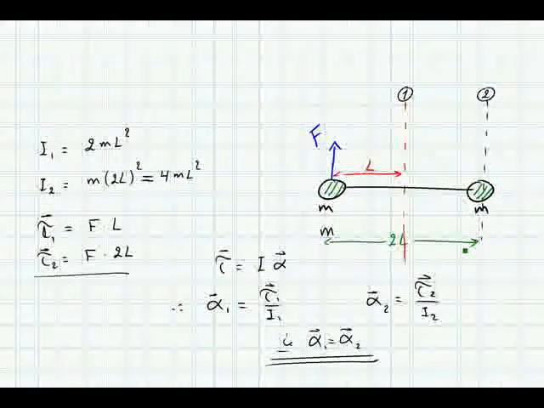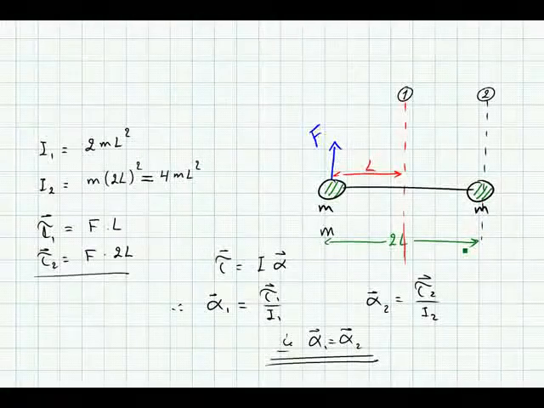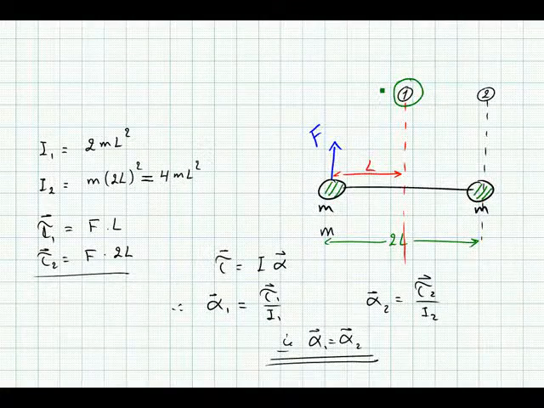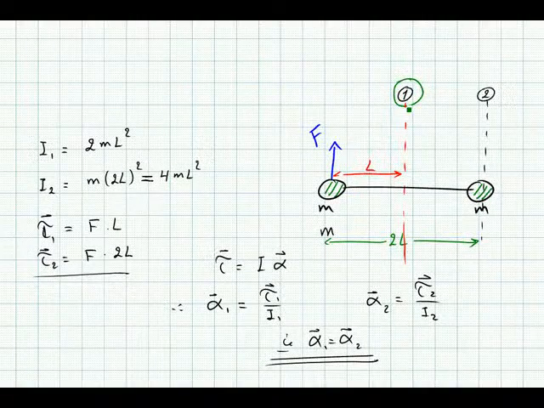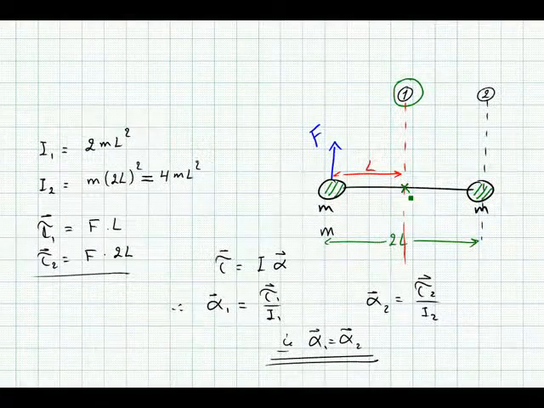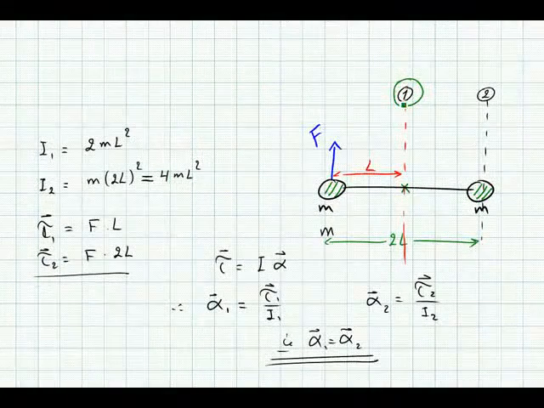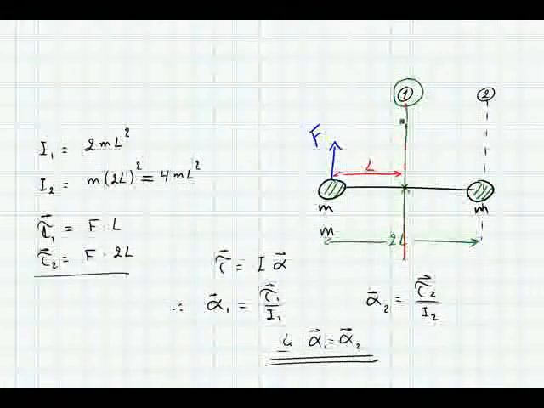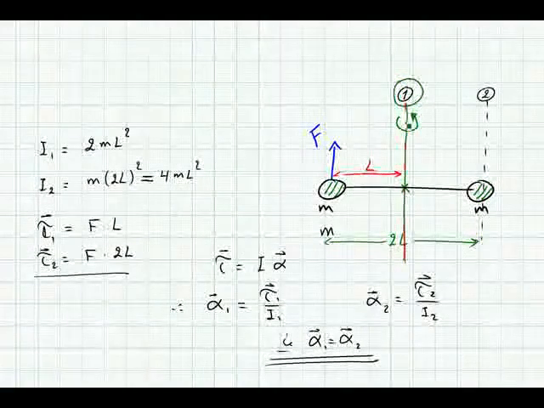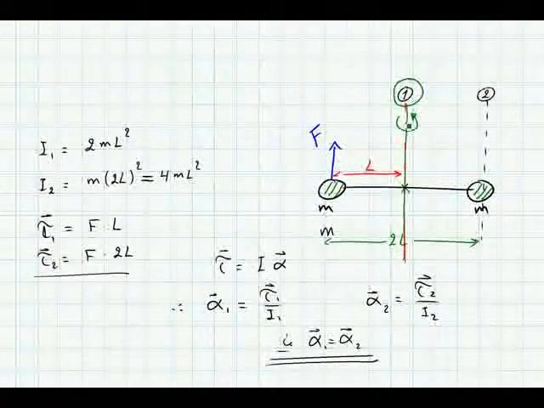In the first case, this is scenario 1, let us consider the rotation about the center point. So the rotation axis is actually this line here. So this is how, let's say, the rotation is going to occur.